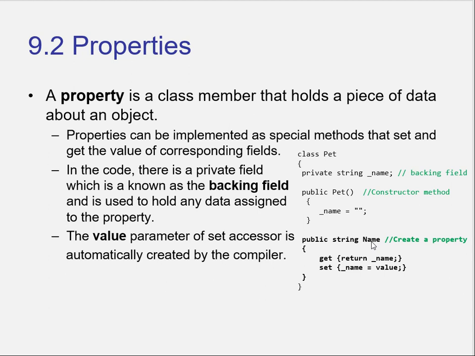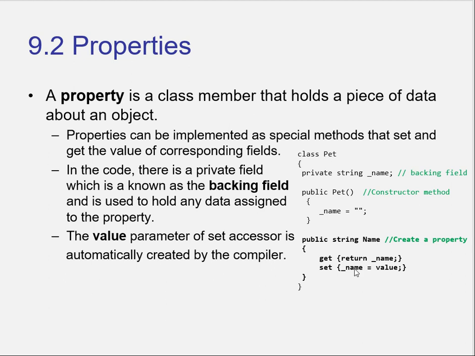Now, to be able to set a name to this property, we need to be able to internally take this value parameter, which is set. They refer to it as a set accessor. It's automatically created by the compiler. So this gets automatically set, and it sets whatever the value is that gets entered for the name to a backing field.